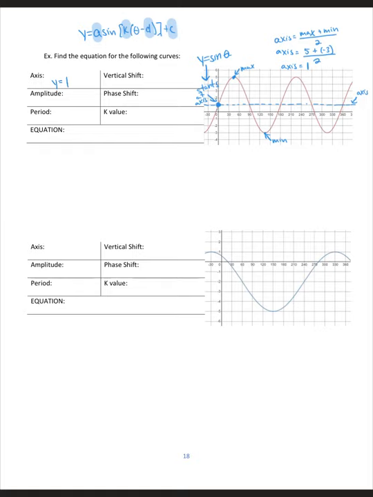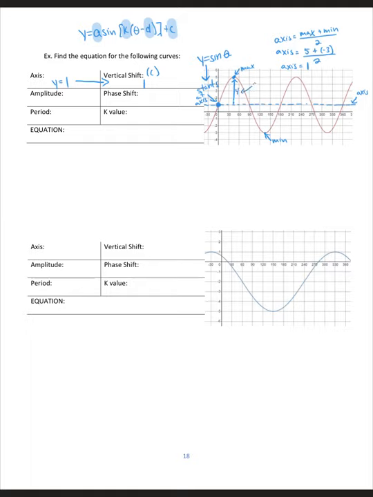And remember that our axis also tells us what our vertical shift is. So since our axis is 1, our vertical shift is also 1, and that is my c variable. Okay, our amplitude is the distance from our axis to our maximum or to our minimum. So if I'm at 1 here, up to my axis is going to be 1 to 5 is 4.